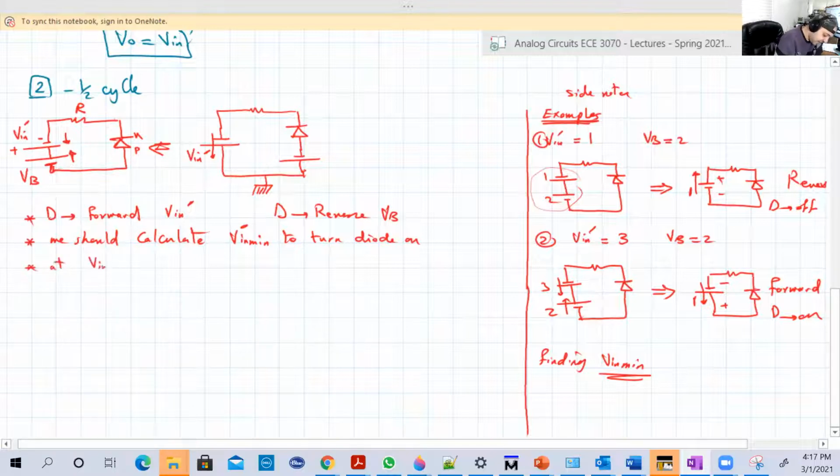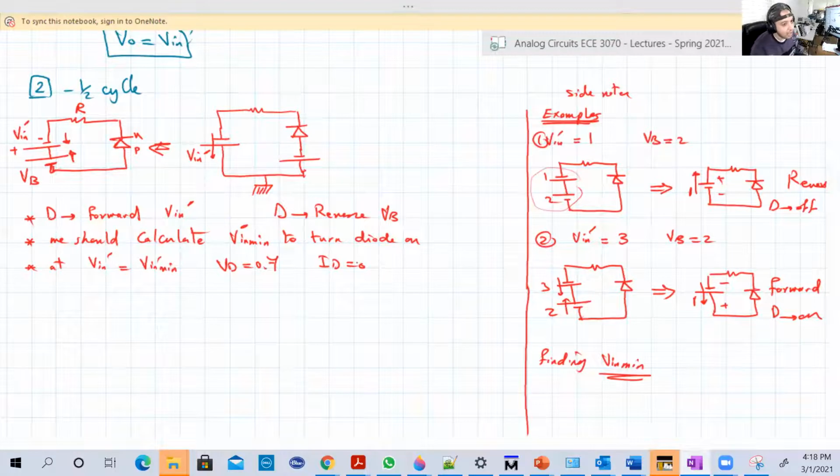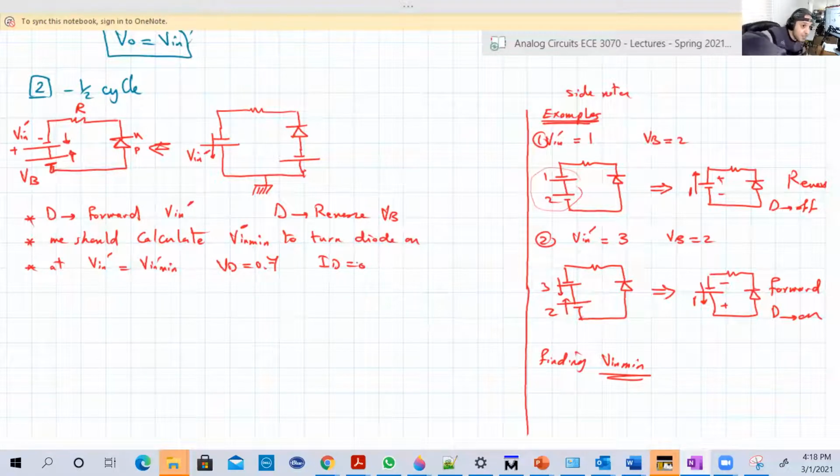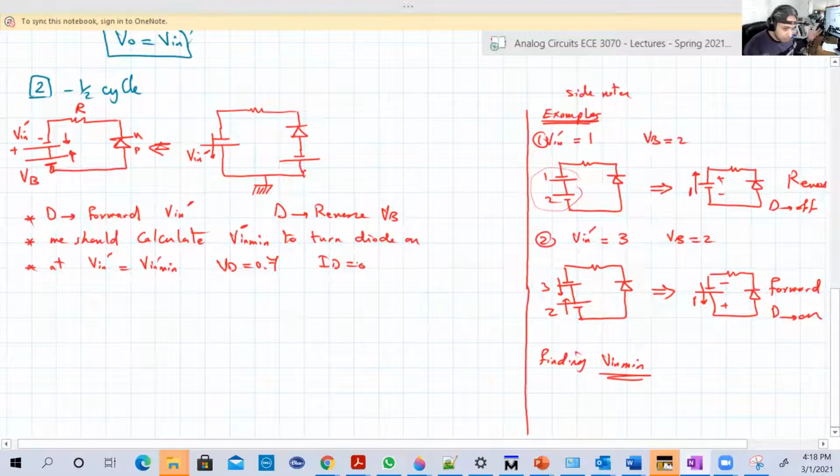At Vn dash equal to Vn dash minimum, Vd will be 0.7 and ID equal to 0. Remember, guys, we said that when it starts on, it starts from this bottom point in the characteristic in which the current is 0, but Vd is equal to 0.7. Once V input exceeds V input dash minimum, the diode voltage will be constant at 0.7, but the current will be greater than 0 based on the circuit condition, the amount of resistors, the value of the input and so on.